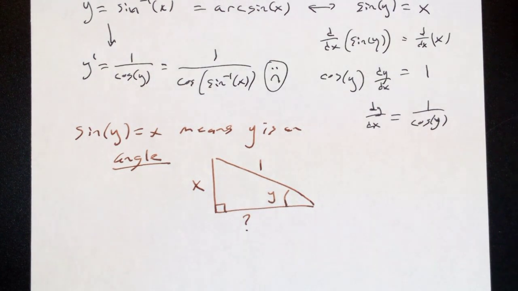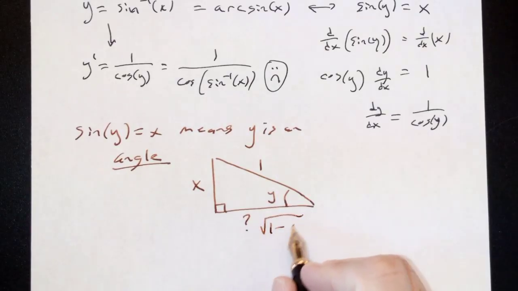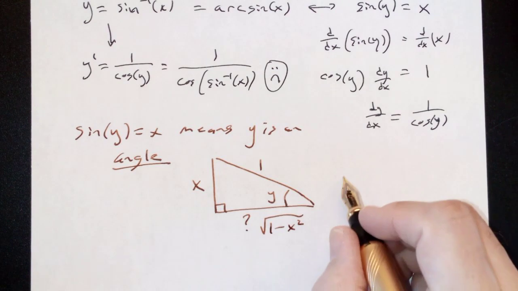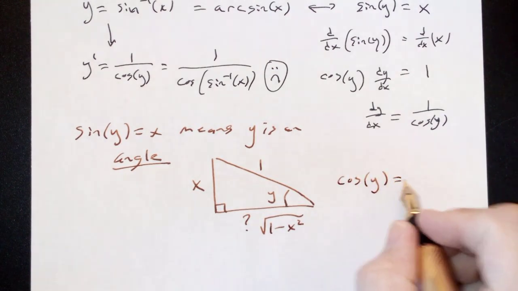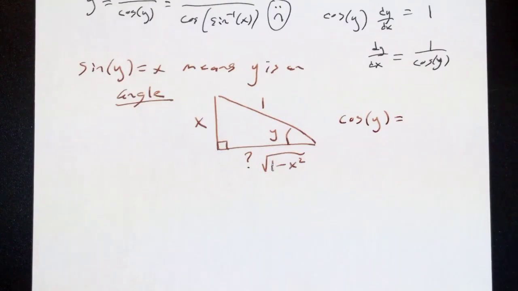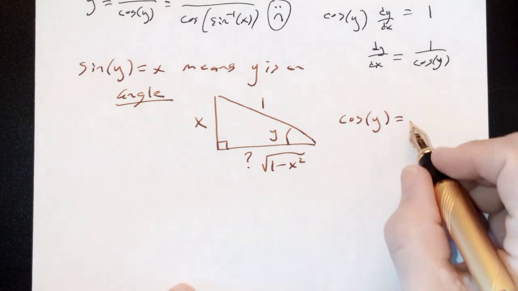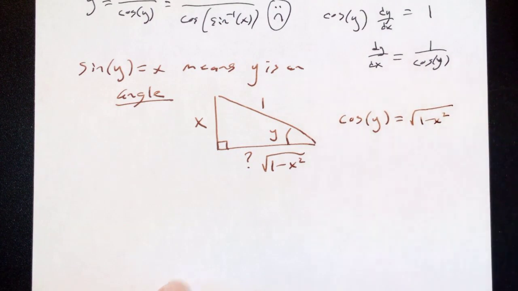Because Pythagoras would say that adjacent squared plus opposite squared equals hypotenuse squared. So I solve. I have all three sides of my triangle. What's cosine of y? Square root of 1 minus x squared, over 1. I don't care about over 1.